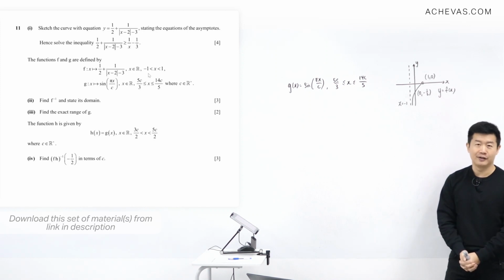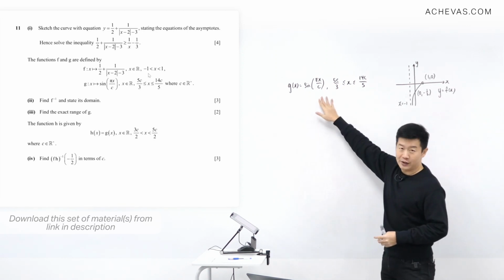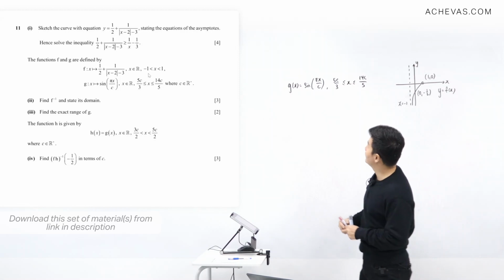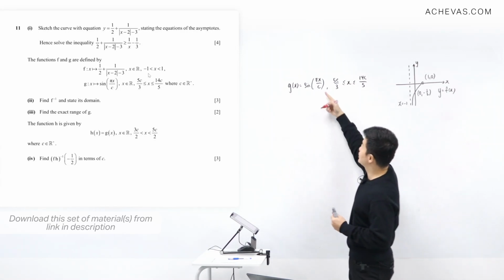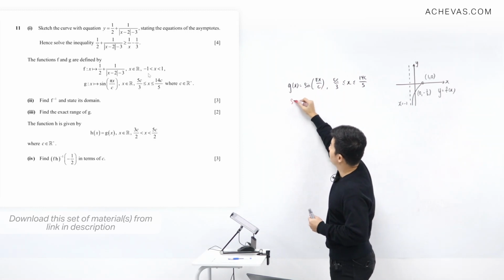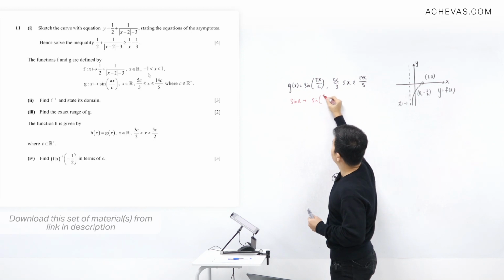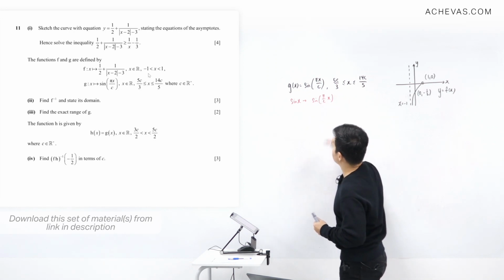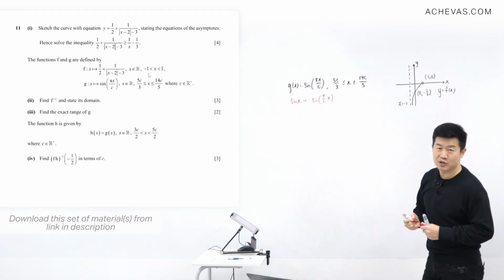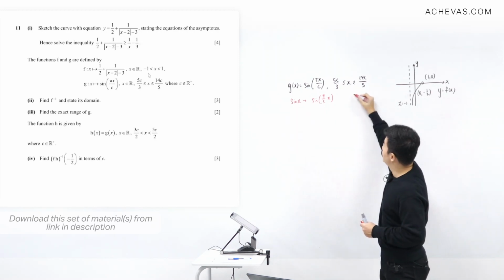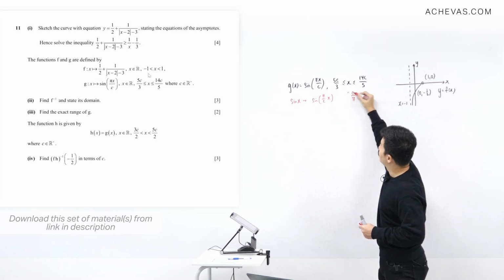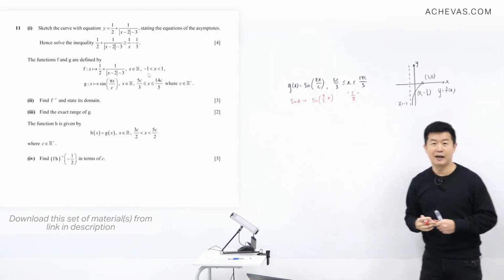Let's draw the graph. It's a sine graph that has undergone a transformation. What is the transformation? From sine x, we replace x by pi over c times x, which means that the transformation requires the original graph to be scaled by a factor of c over pi, parallel to the x-axis.